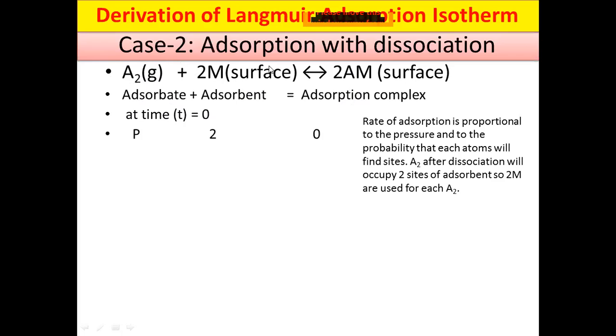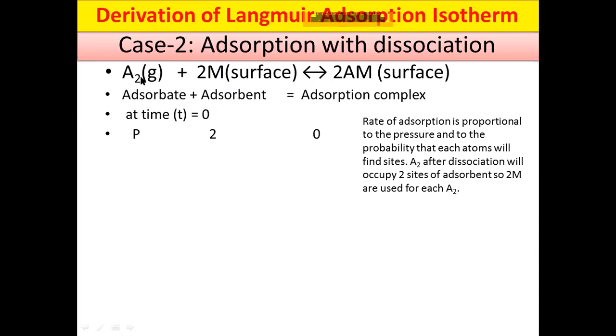So actually this will remain the same, because the adsorbent is going to provide the active sites, so these sites are filled with one molecule. How many sites are filled? Two sites will be filled with one molecule of the adsorbate, because this molecule of the adsorbate will be dissociated to form two atoms, and then these will occupy two sites of the adsorbent, and that's why this is called adsorption with dissociation.